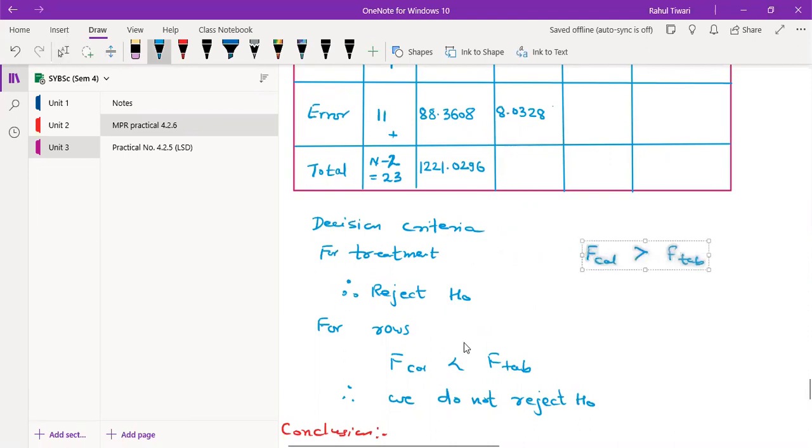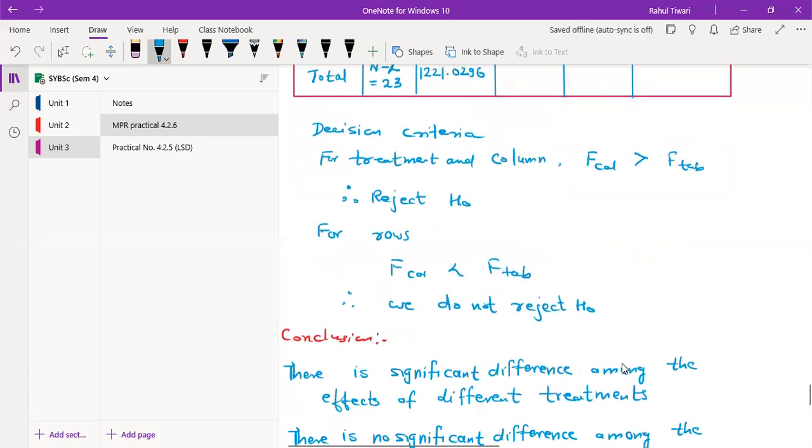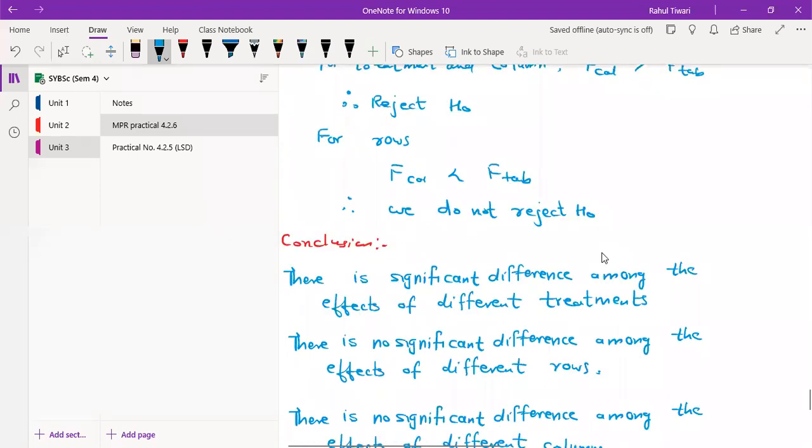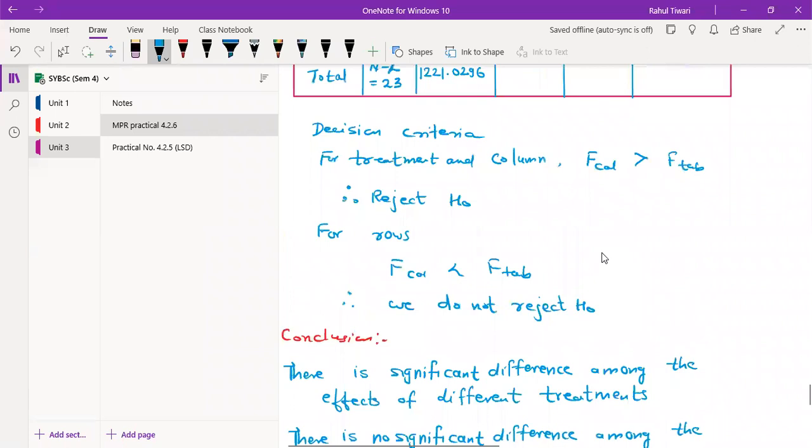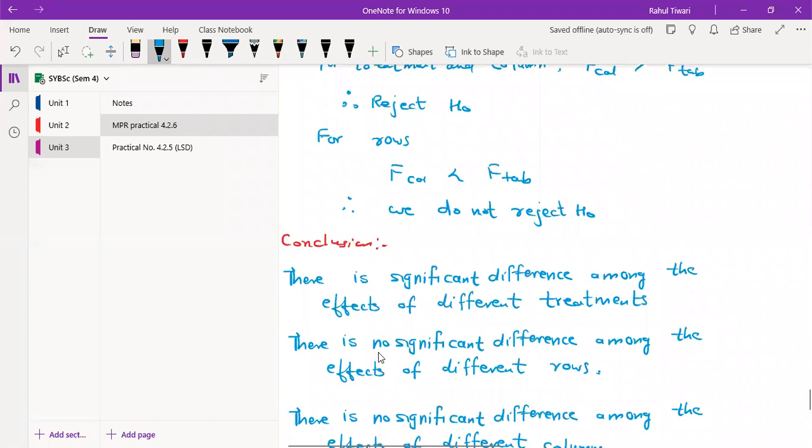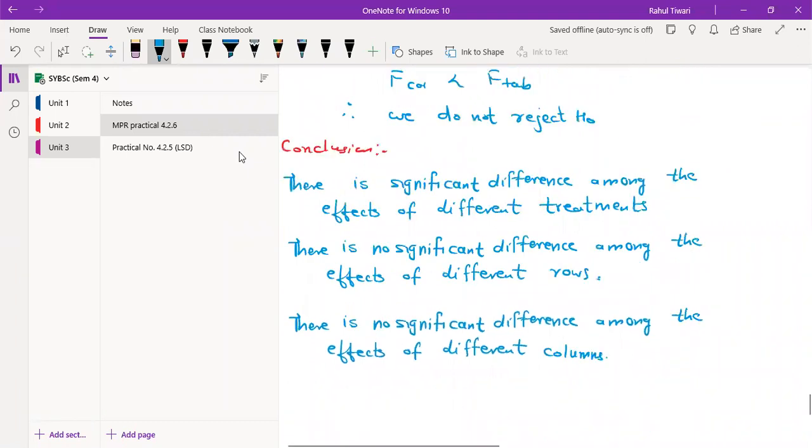You are getting this result: F cal will be greater than F cap. And hence one can conclude that for treatment, there is a significant difference. For rows, there is no significant difference. And for column, there is a significant difference, because you are rejecting actually.